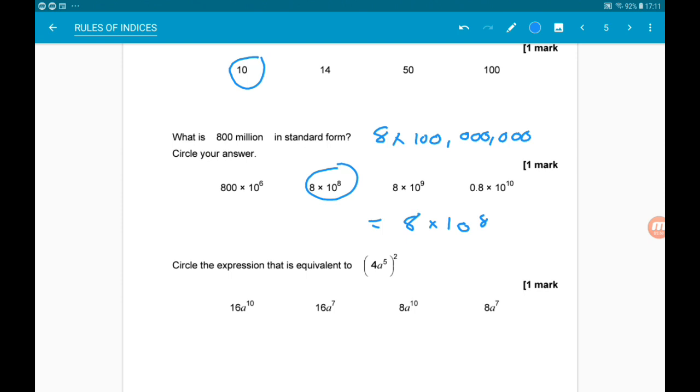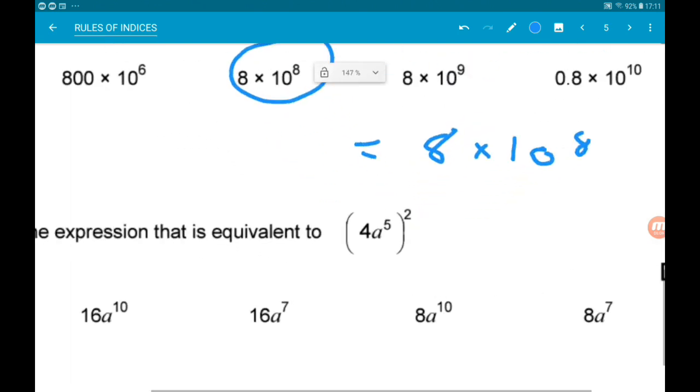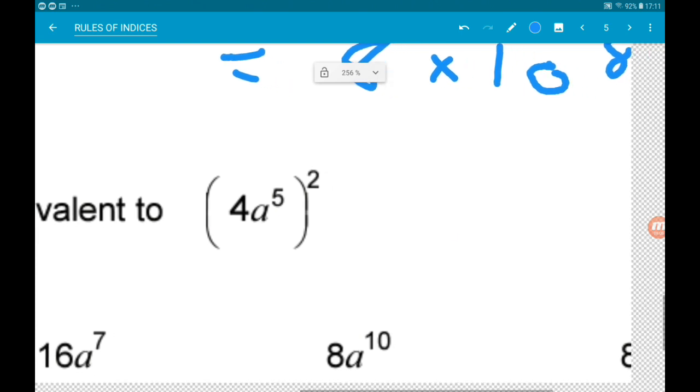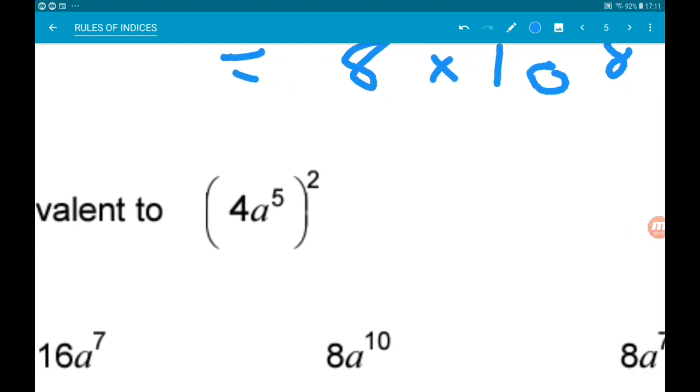Okay, then the final one on this page, circle the expression that is equivalent to (4a to the power 5) squared. Okay, so we need to let the power in. So this is 4 squared times a to the 5 times 2.